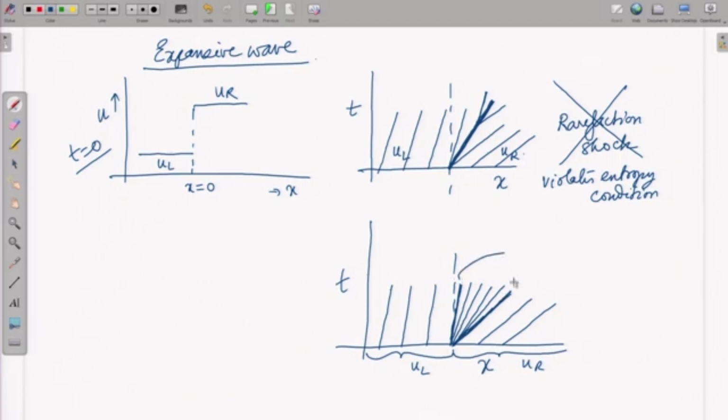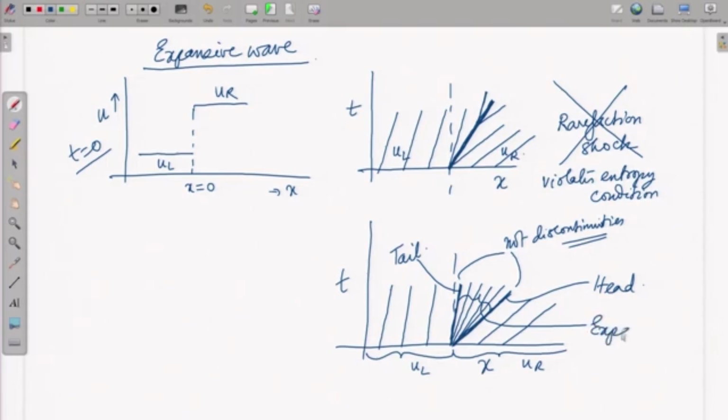Mind you that these are not discontinuities. These are the limiting characteristics, and within those limiting characteristics you have an expansion fan. We call this the tail of the wave, and this the head of the wave. So, what you have in between is an expansion fan.